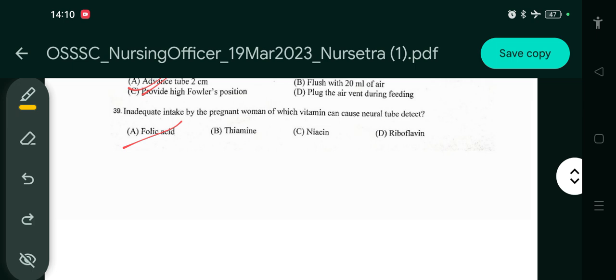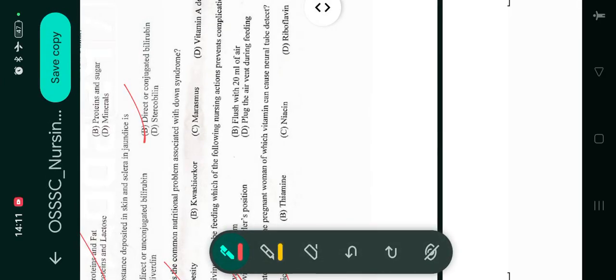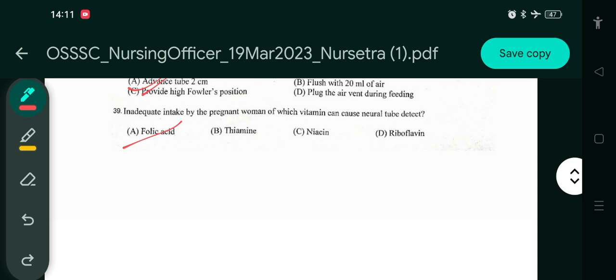Thiamine, niacin, riboflavin are not conditions where neural tube defect happens. In vitamin C deficiency, scurvy can happen. In vitamin D deficiency, rickets can happen. Vitamin A deficiency leads to blindness. So the correct answer is option A only.